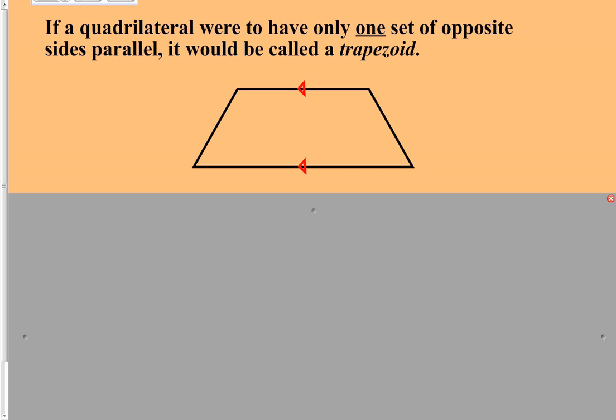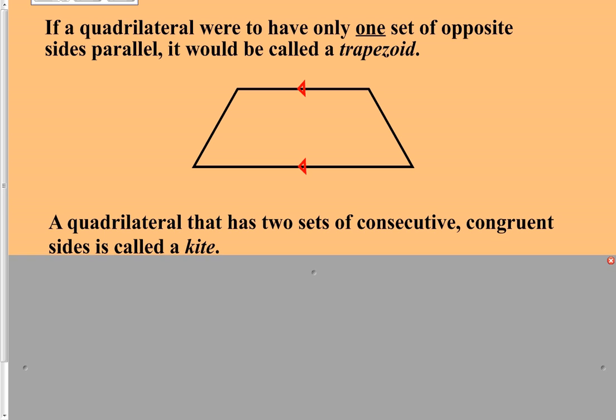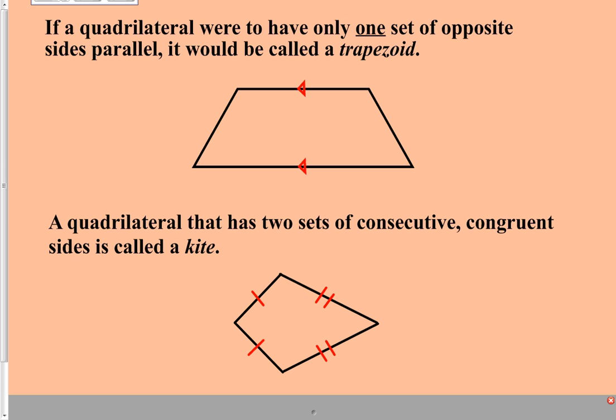Another main type of quadrilateral that we deal with, and you may not have heard of this one before, doesn't have anything to do with sides being parallel like the parallelogram and the trapezoid did. This one deals with side lengths. What this one wants is two sets of consecutive, meaning in a row, congruent, meaning same measurement, sides. Two sets of consecutive congruent sides, and that shape is referred to as a kite.